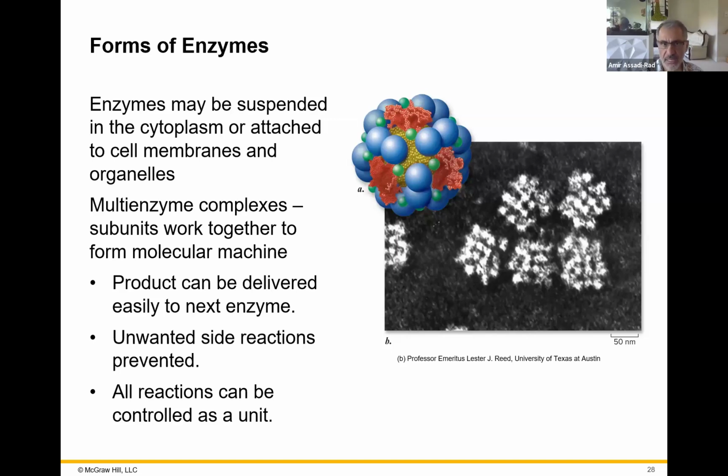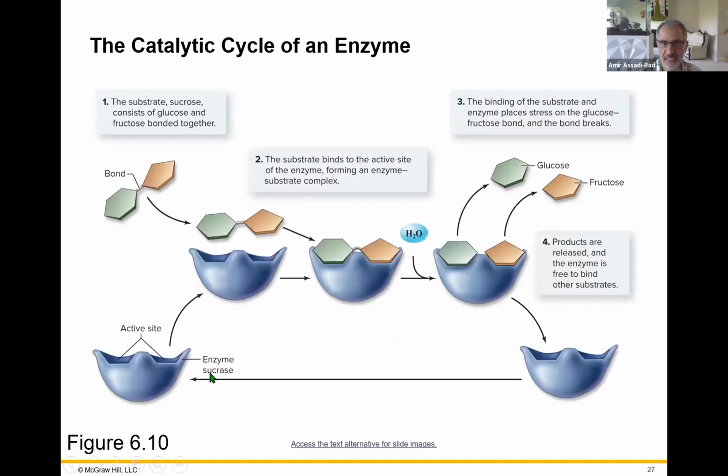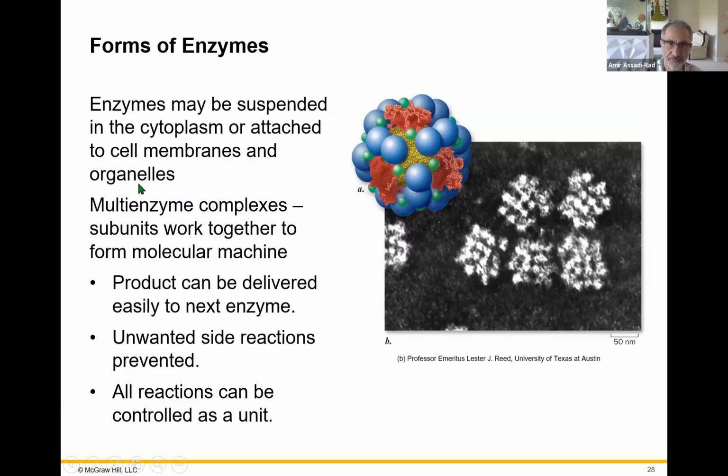Some people do not have the enzyme lactase, so they cannot eat dairy products, lactose. Anyhow, products can be delivered easily to the next enzyme, unwanted side reactions are prevented, and all reactions can be controlled as a unit.